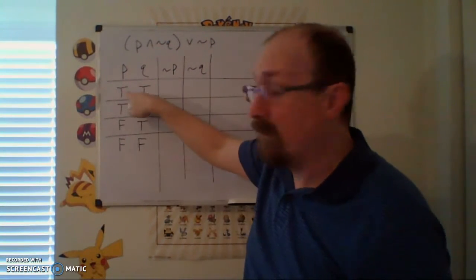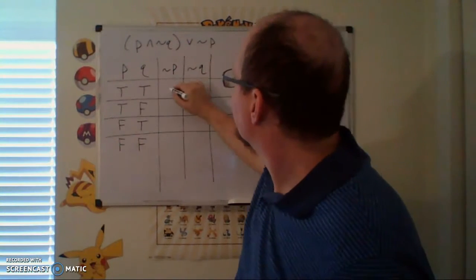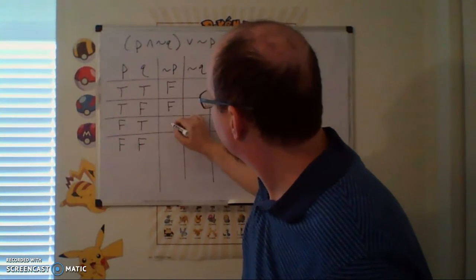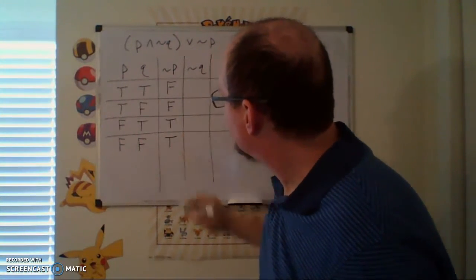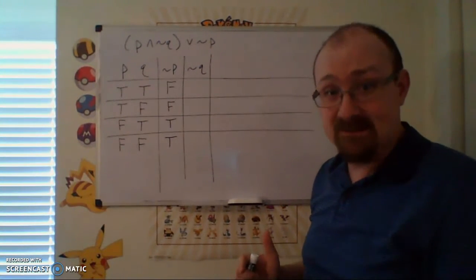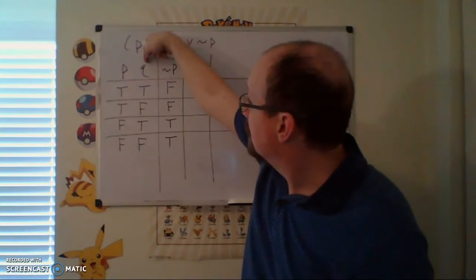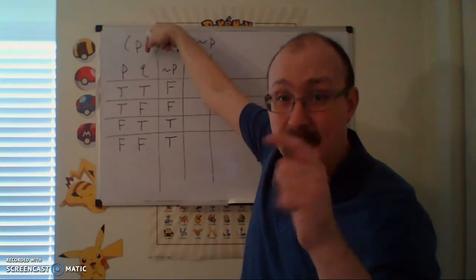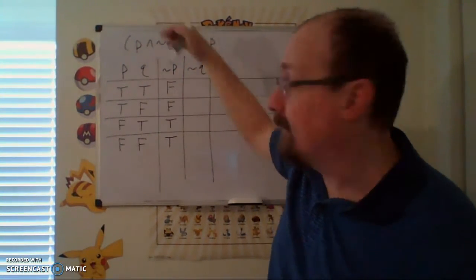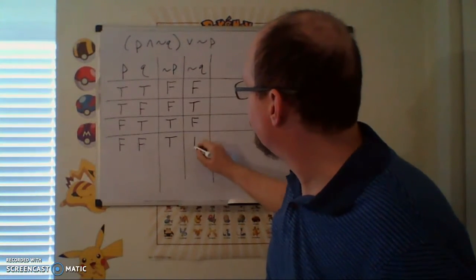Any T here becomes an F for my negation, and vice versa, F becomes a T. So that's what a column in my truth table for the negation of P is going to look like. The same thing is going to happen for the negation of Q. I just focus on this column, and I flip all of my true and false values. So I have false, true, false, true.